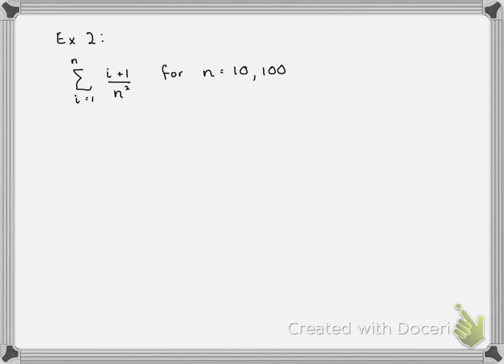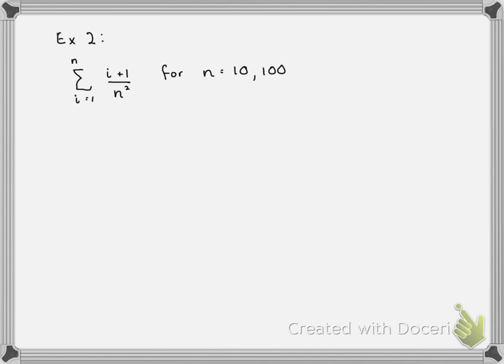Okay, now let's understand what this is. So we are starting from 1 and ending at some random number n, okay? We don't know what it is. So it is an infinite number, okay?